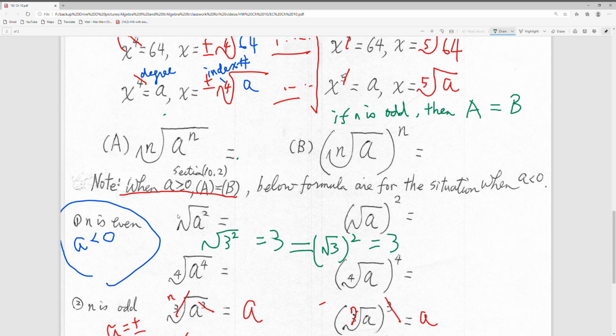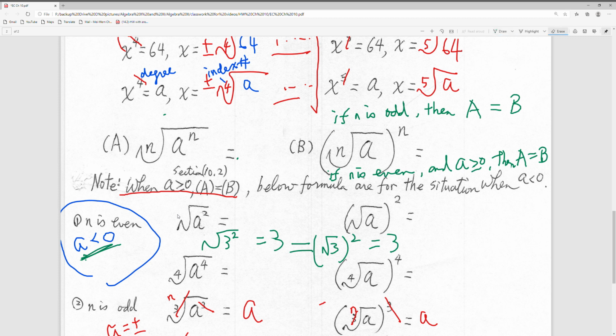But if n is even and A is positive or equal to 0, then also A equals B. So I will say most of the time, even or odd index number, A mostly equals B, except when n is even but A is negative. That's the only problem.